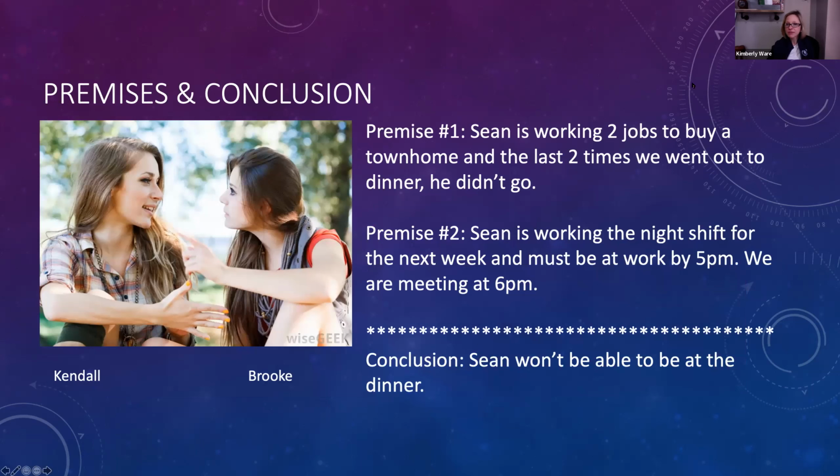Premise 1 is that Sean is working 2 jobs to buy a townhome, and the last 2 times we went out to dinner, he didn't go. Premise 2 is Sean is working the night shift for the next week and must be at work by 5. We are meeting at 6 p.m. Remember how I said an argument says such and such is the case. If we add premise 1 to premise 2, we get the conclusion that Sean won't be able to be at the dinner.